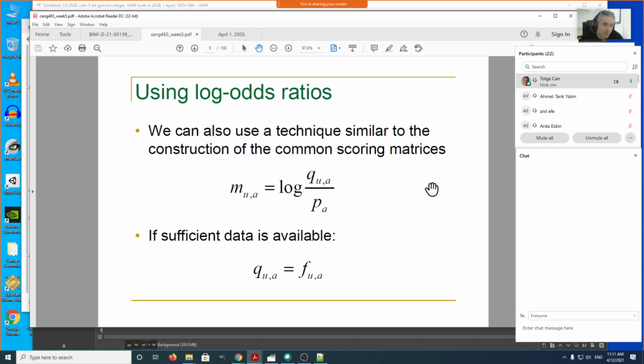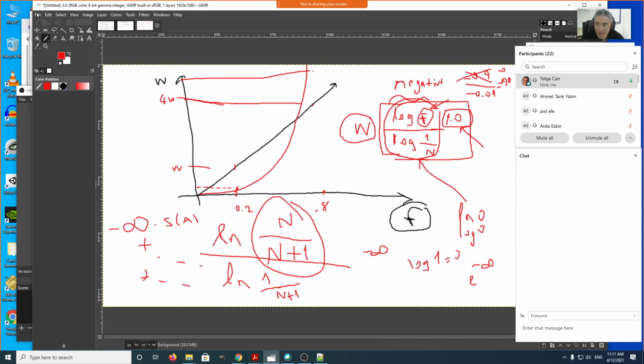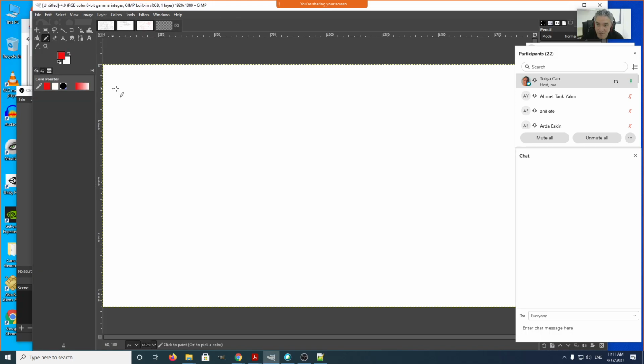So let me write the noise I'm going to be adding here, if I have just 5 sequences in my family. Now I assume in every column, every amino acid type, A, C, D, E, occurs at least 0.05 times.